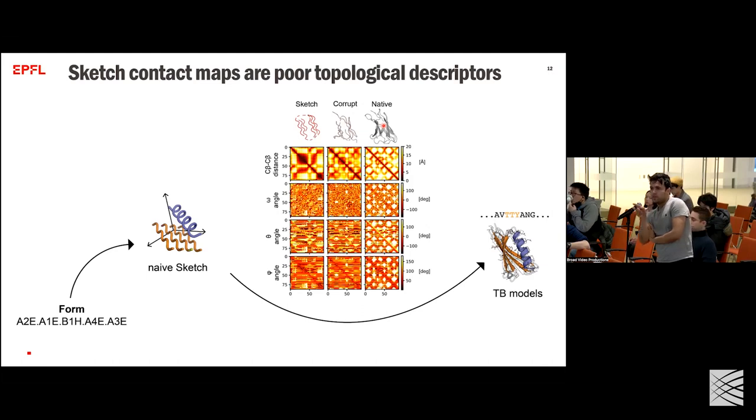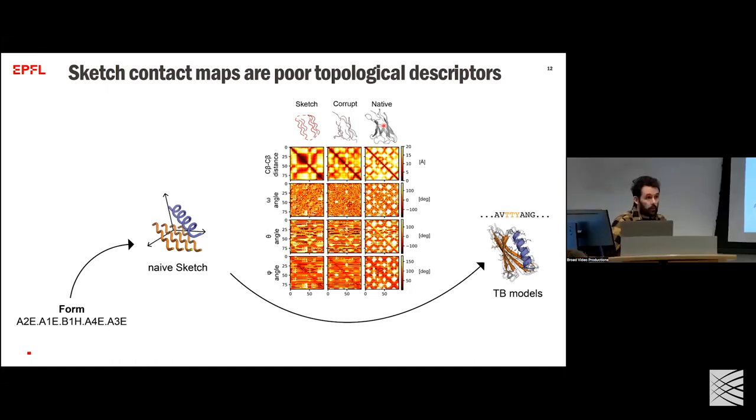Just on the topic of the patterns, is it always the case that the distance maps with respect to the distance and these different angles look the same? Yeah. From the sketches we generated from native structures, they were always very poor in terms of structural information. That's basically the only message I'm trying to pass here.